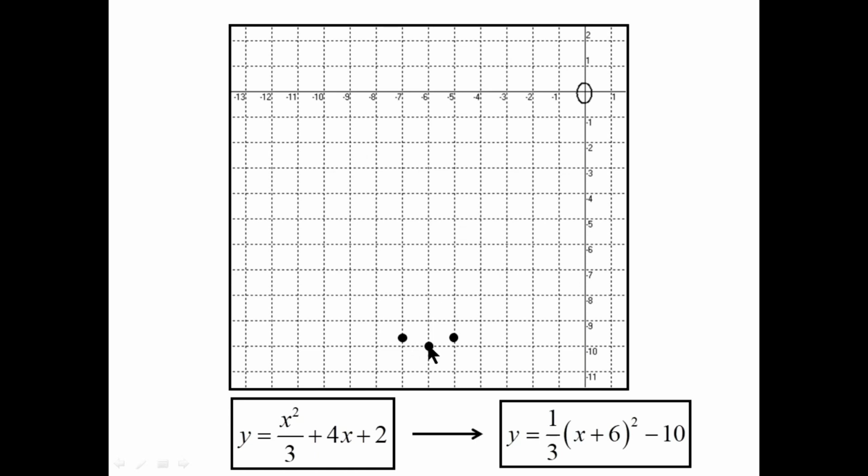Back to the vertex, now displace over 2. We'll have to go up 2 squared, which is 4, but wait, 4 times a third is 4/3, which is 1 1/3. So when we go over 2, we'll go up 1 1/3 and put a point right there. And because of the axis of symmetry, a point must appear there.